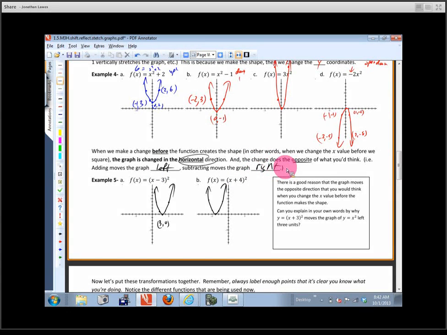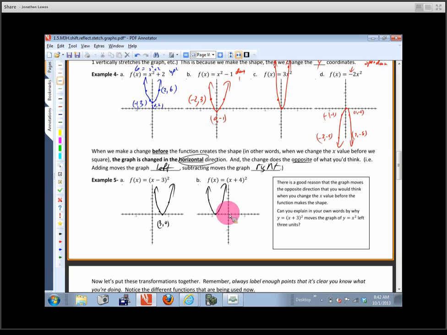So, can anybody think of a good reason why this moves right and this moves left? I'll take any reason, not even a good reason. Anybody think of why it does that? We're changing the x.